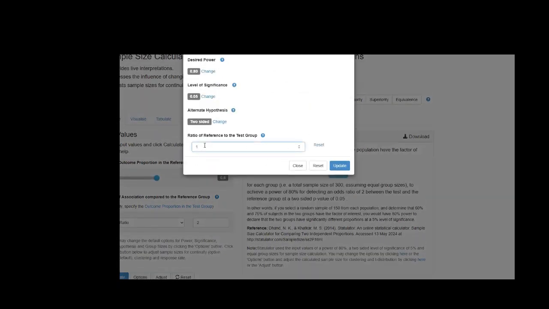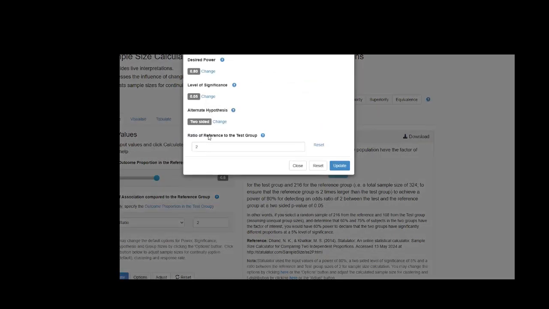In that case, you can select 2. So this is a 1:2 ratio. Now it will increase to 108 for one group and 216 for the other group. So here you can change the ratio of the groups also, in case group is 1 and control group is 2.